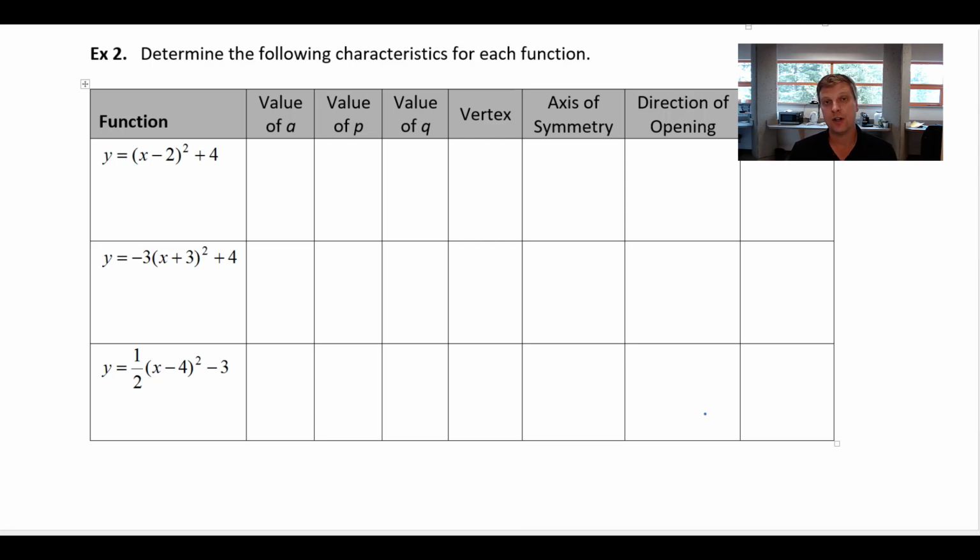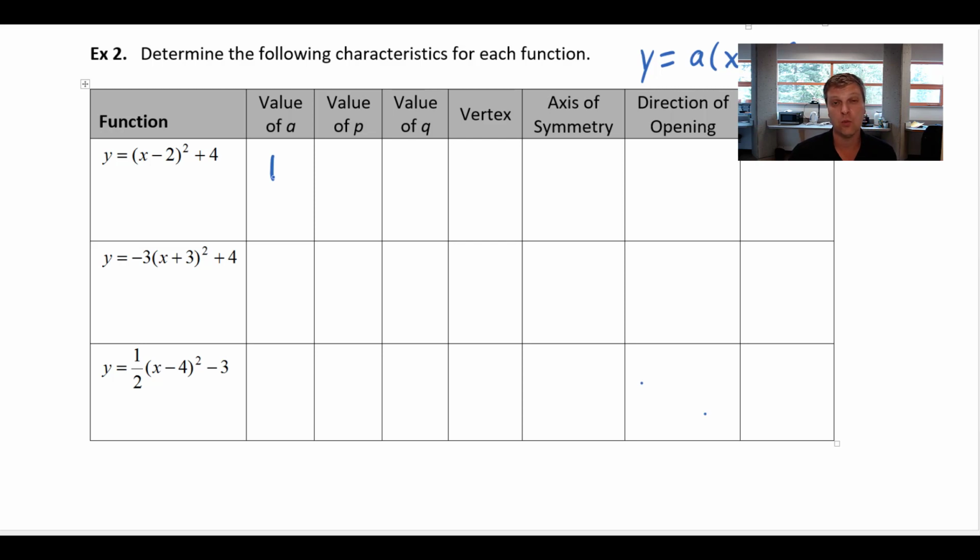Okay, so what we should hopefully be able to do at this point as well is, looking at the function that we're given, figure out a whole bunch of information from it. And remember that the basic vertex form is y equals a(x minus p) squared plus q. So for our first function here, the a value, there's nothing up front, but that means that there's just a positive 1 there.